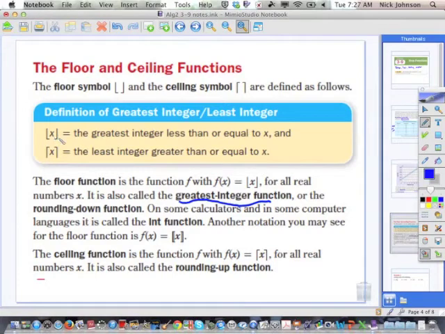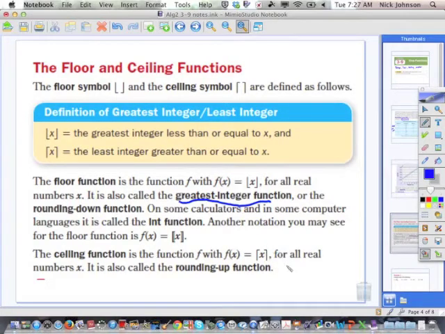If the tabs are on the bottom, you're rounding down. And in some computer languages, it is called the int function, the integer function. Another notation you may see for the floor function is this. I have never seen that before, but you may possibly get that. The ceiling function is the function f with f of x equaling this right here.